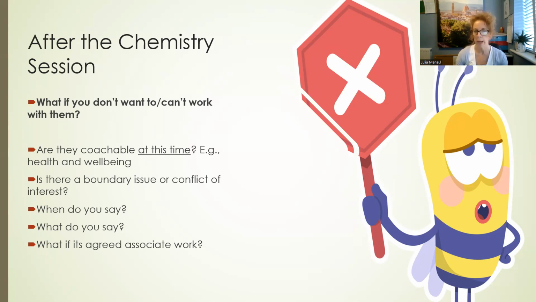But there's often a grey line with that, because in networking terms, we are often getting referrals from people who we know via 6 degrees of separation. So that can be tricky at times, and we can all rationalise why it's okay to work with somebody.